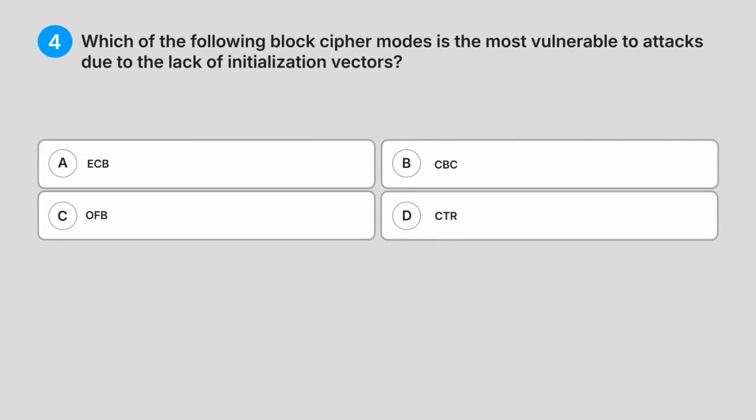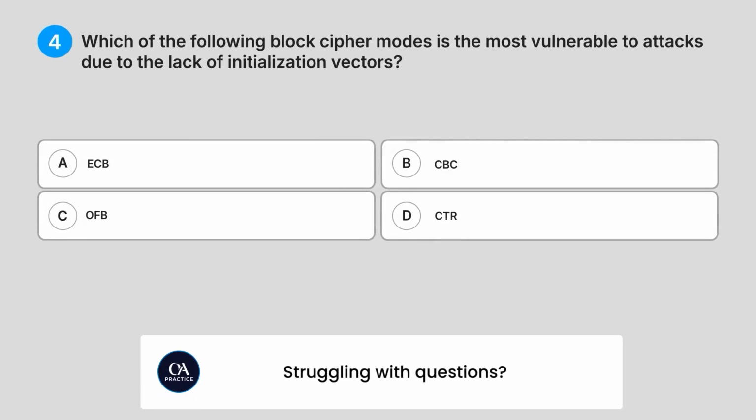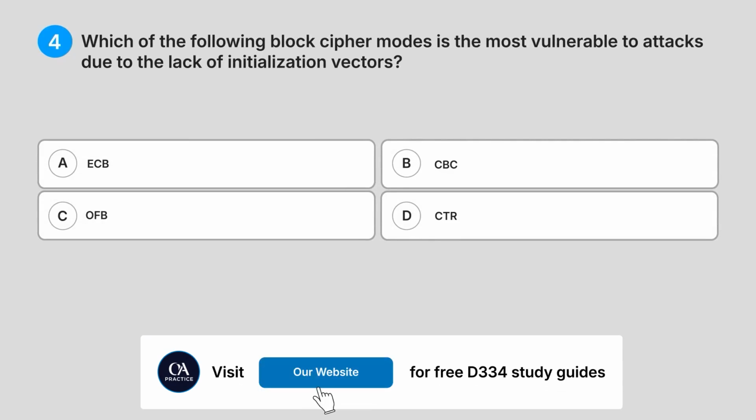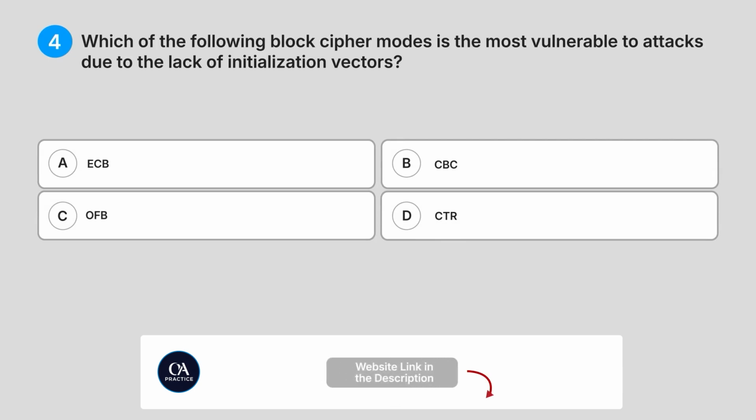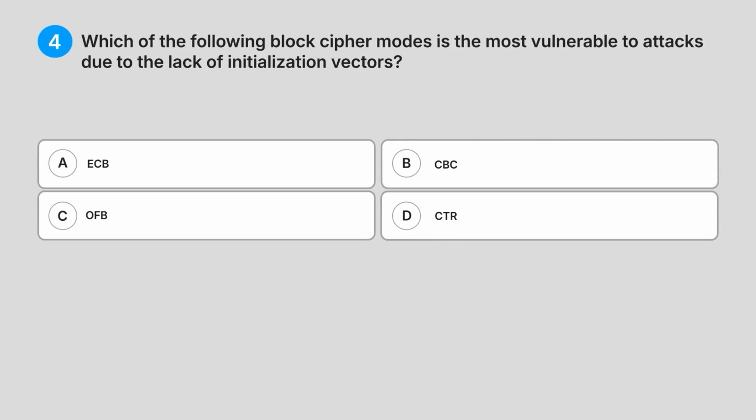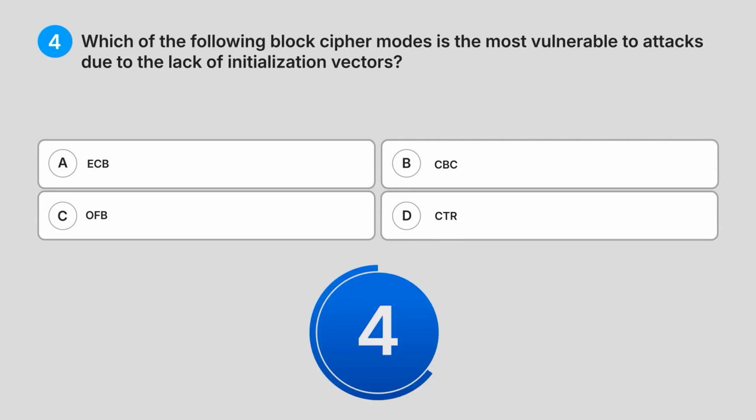4. Which of the following block cipher modes is the most vulnerable to attacks due to the lack of initialization vectors? A. ECB, B. CBC, C. OFB, D. CTR. Do you know the answer?